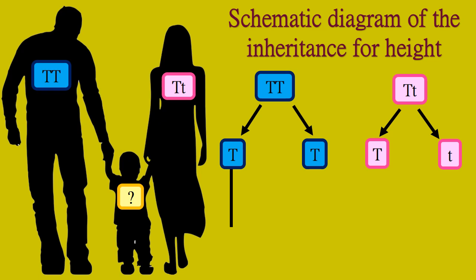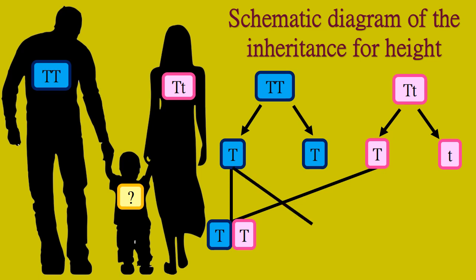The first capital T from the father combined with the first capital T from the mother. We will get the first genotype as capital T's. Next, combination between the first capital T from the father with the second small t from the mother, producing capital T and small t for the genotype of the child.